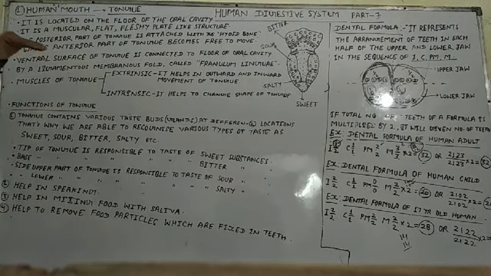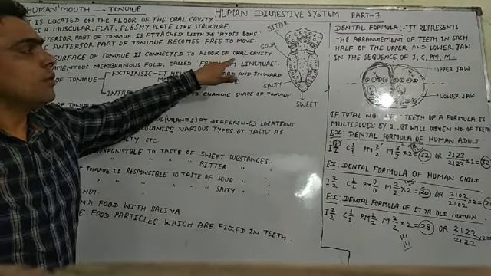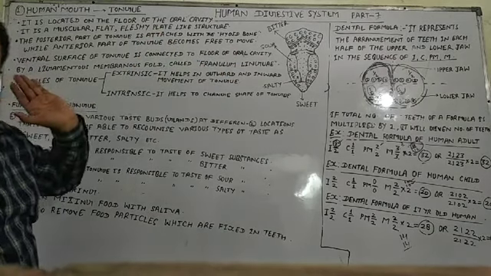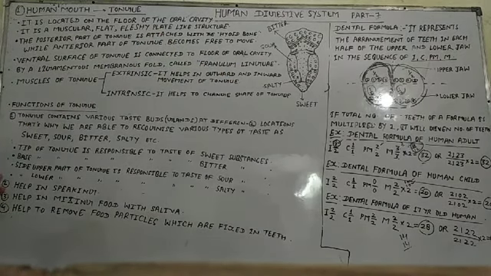This is the dorsal surface. The upper surface is known as the dorsal surface, and the lower, bottom surface is known as the ventral surface. So I write here that the ventral surface of the tongue is connected to the floor of the oral cavity, meaning the bottom of the oral cavity. So it is clear to you now.